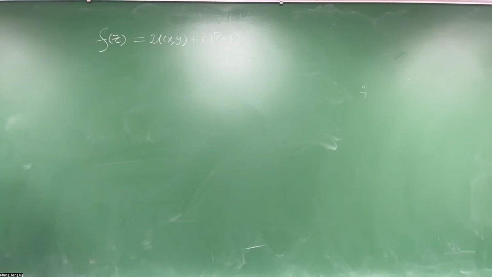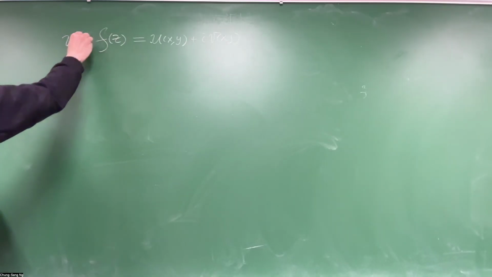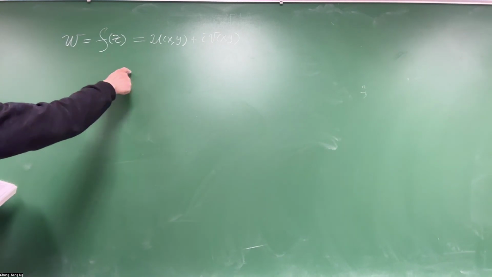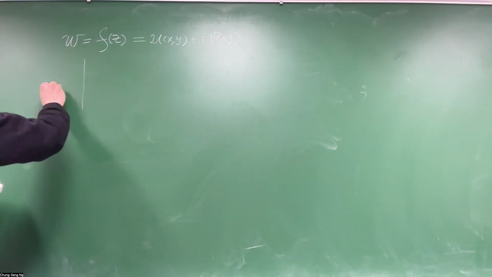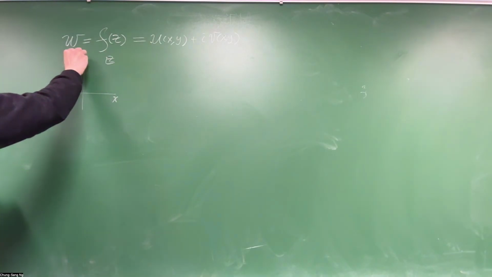Sometimes when we talk about a complex variable or conformal mapping, we name it W. It doesn't matter whether you call it f or W, but the examples later in this section use W. Anyway, it's the same thing. So basically, the idea is that the original complex plane is the Z plane, with real and imaginary parts x and y.